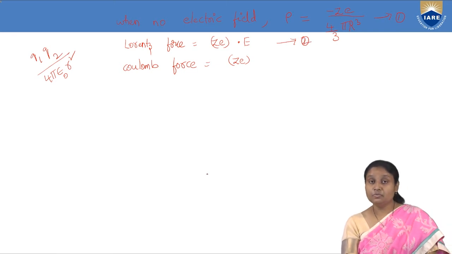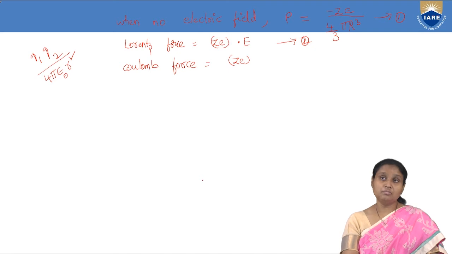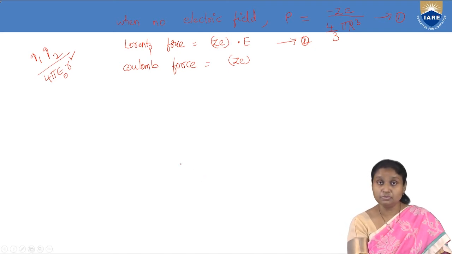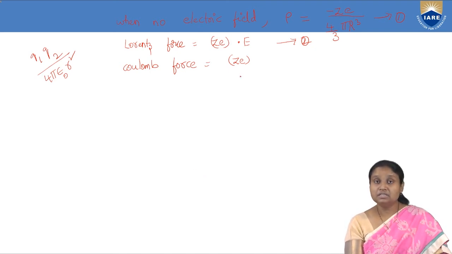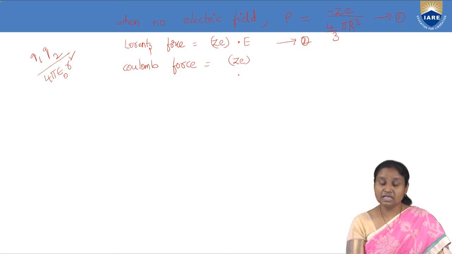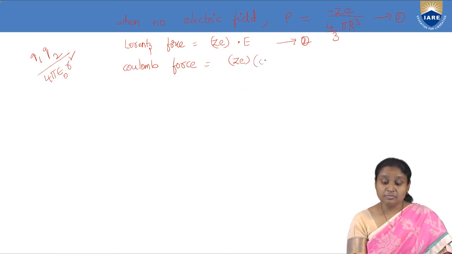And next we have our Coulomb force, which will try to bring the electron cloud back to its position, which exists between two charges. As I told you, one charge is our nucleus whose charge is Ze, and the other is our electron cloud, which has got displaced.